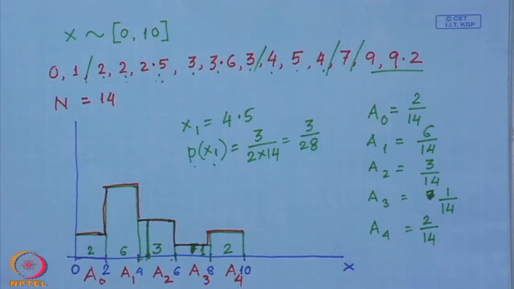Now, having done this, the other problem that one has to face is what should be the width of the bins. Okay? And depending upon the width of the bins, the number of bins will be different, because I have a fixed range of the variable x, and in this example the minimum value of x is 0 and the maximum value of x is 10. So, if I reduce the bin width, say instead of taking the bin width to be equal to 2, if I reduce the bin width to 1, I will have more bins.